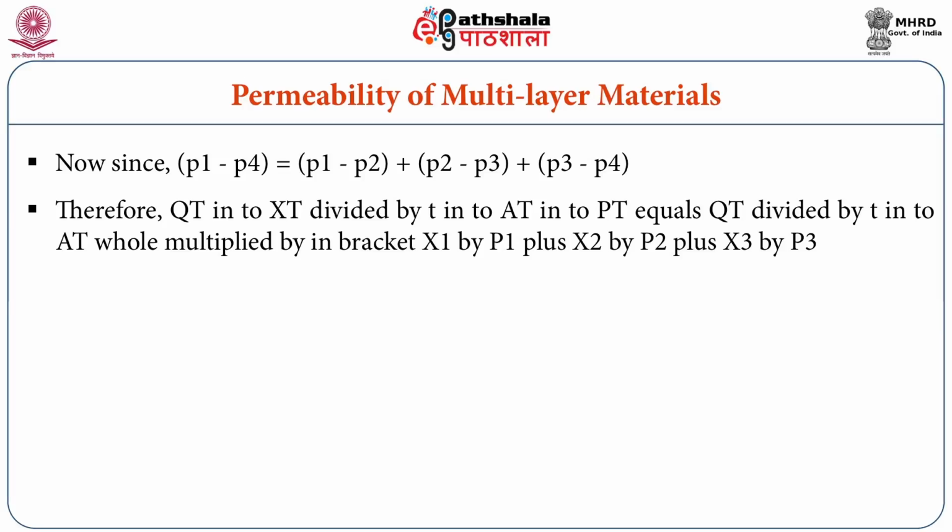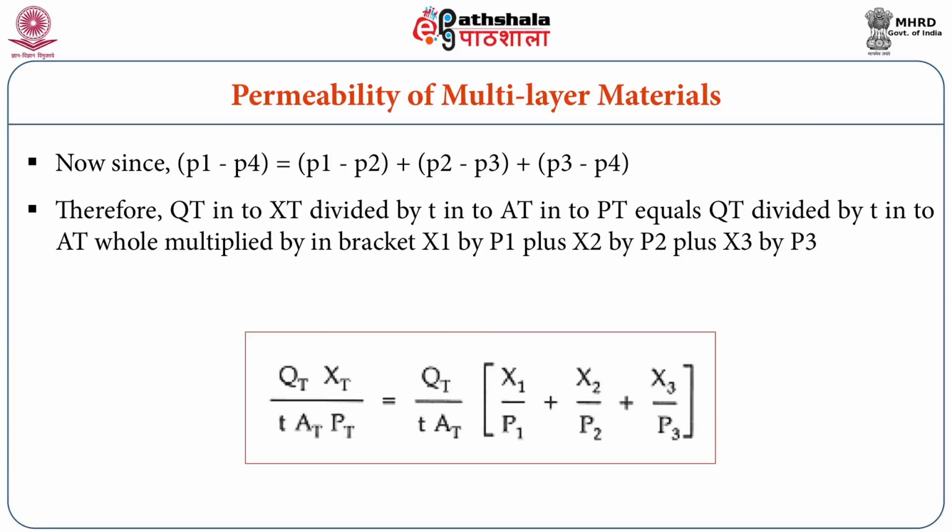Now, since P1 minus P4 equals P1 minus P2 plus P2 minus P3 plus P3 minus P4, therefore Qt into Xt divided by T into At into Pt equals Qt divided by T into At, whole multiplied by, in bracket, x1 by P1 plus x2 by P2 plus x3 by P3.